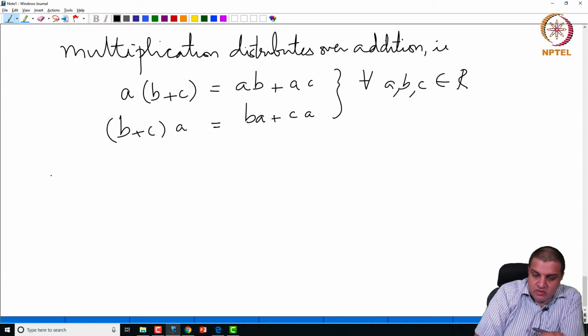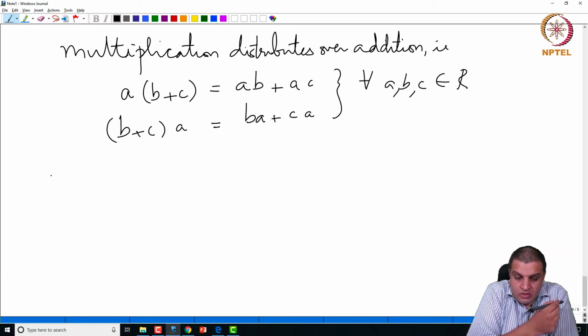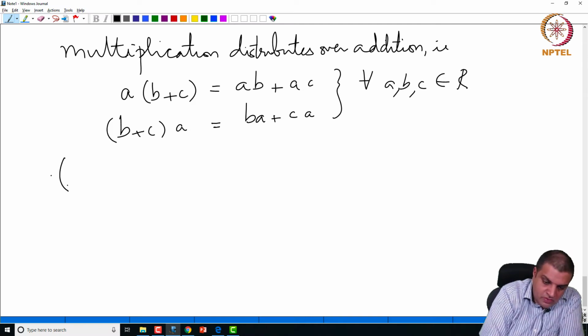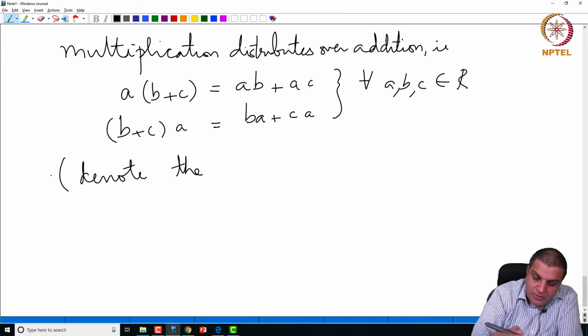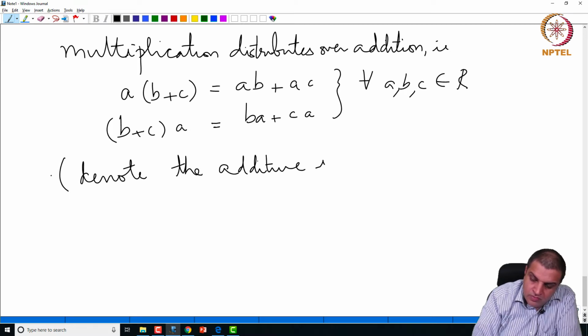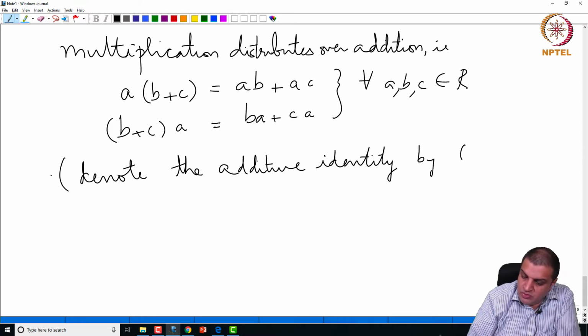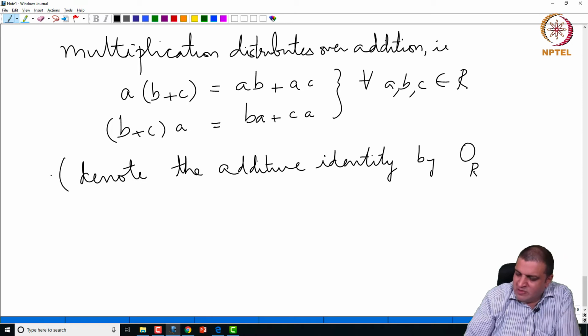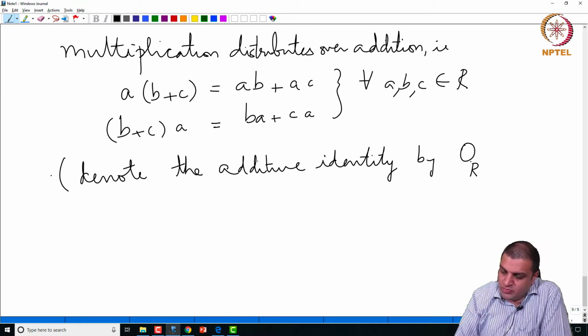Then, we already said that under plus, the set R is an abelian group. So it has an additive identity, which we will denote by 0 sub R, and often it will be clear which ring we're talking about, so we could just write 0.